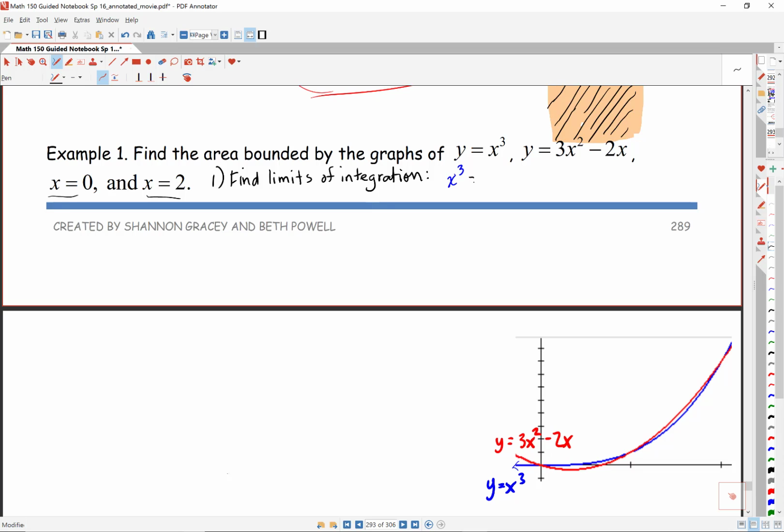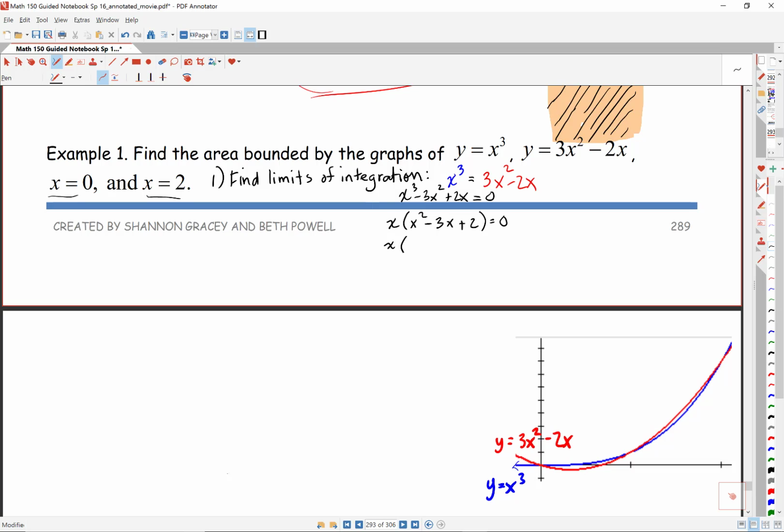We'll get x cubed minus 3x squared plus 2x equals 0. Factoring out an x, we'll have x times x squared minus 3x plus 2 equal to 0. Factoring further, we will have x times x minus 2 times x minus 1 is 0.